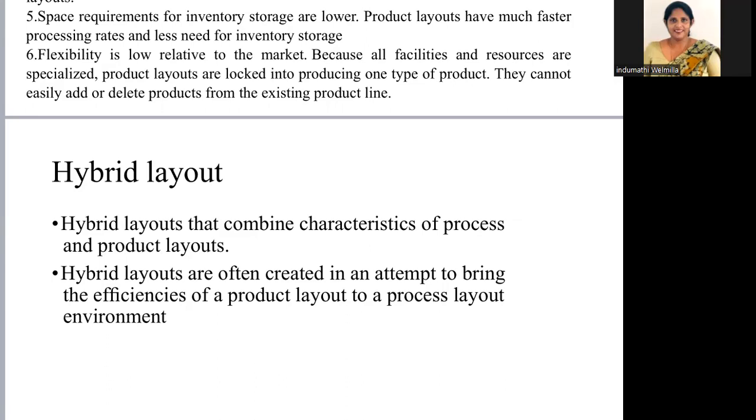Because when we clearly study this hybrid type layout, we can see there should be a combination of characteristics of both the process and product layout, right?